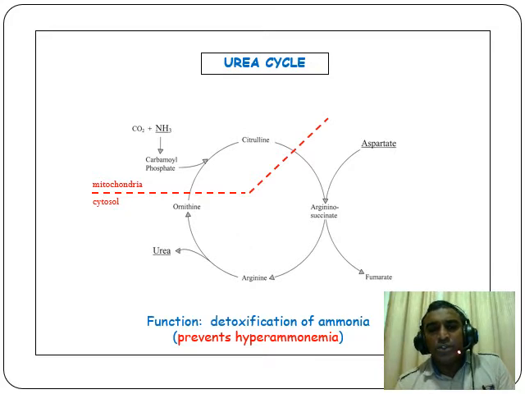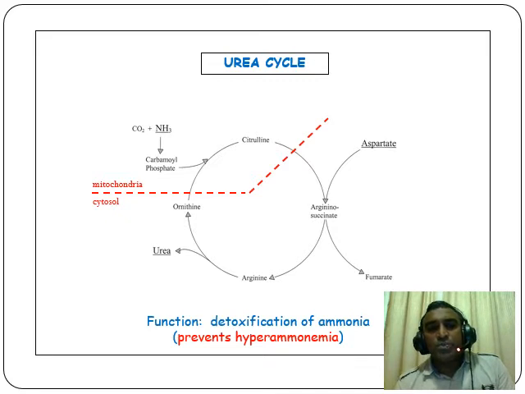You can check the final exam question on how I have asked the question. But basically the urea cycle described in this diagram happens in the mitochondria as well as the cytoplasm, and the end result is that it prevents hyperammonemia.